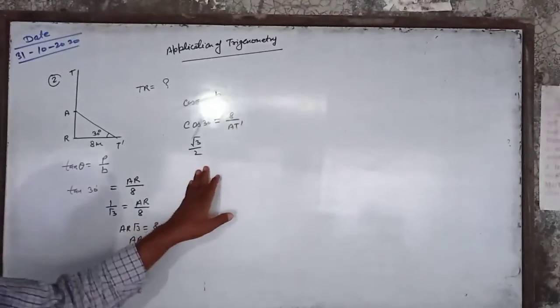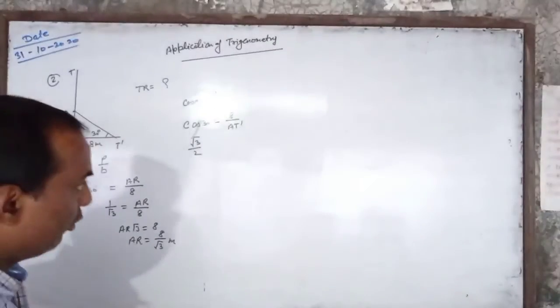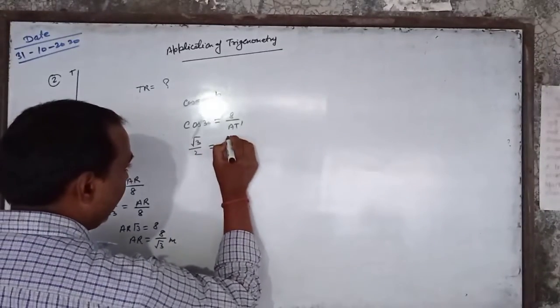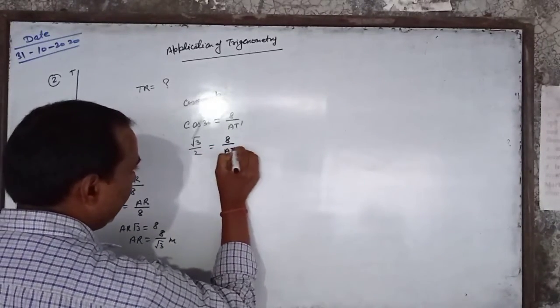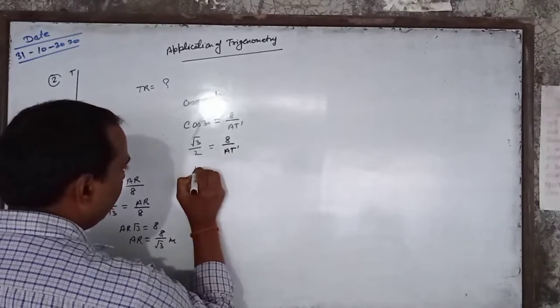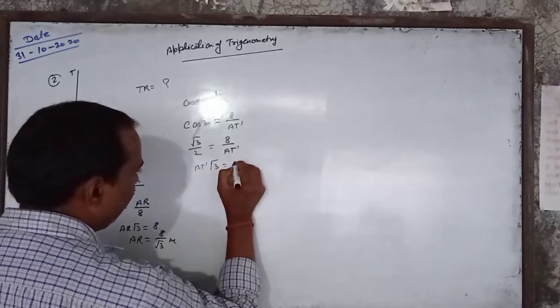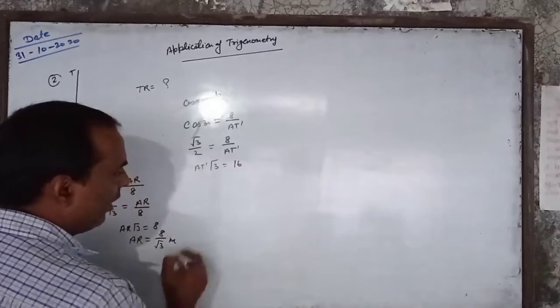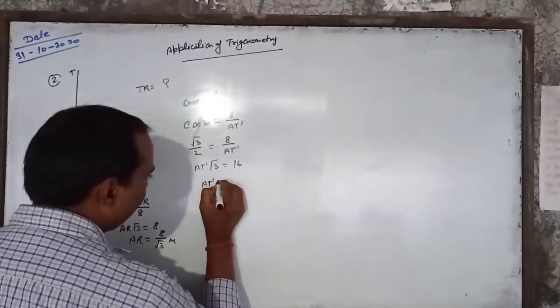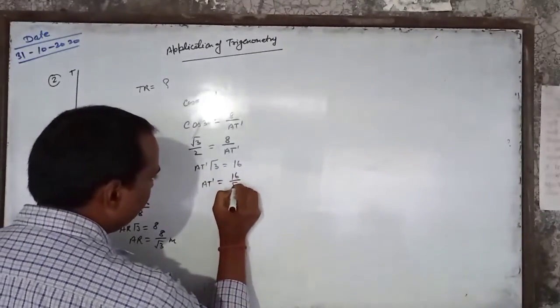Value of cos 30 equal to root 3 by 2. So here 8 by AA dash. Now AA dash into root 3 equal to 16, or AA dash equal to 16 by root 3.